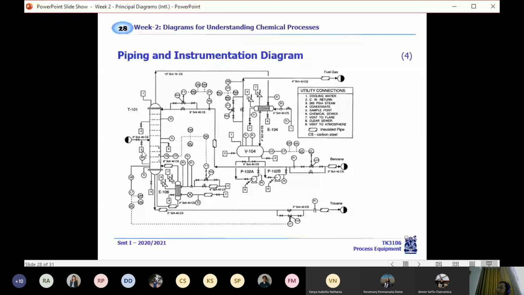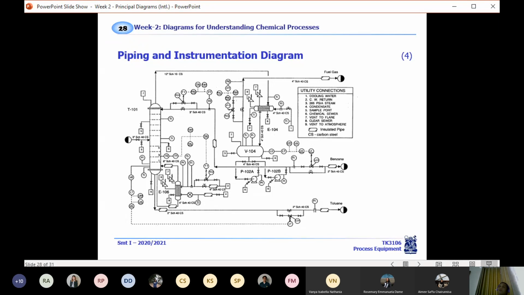So if you want to do the sampling, there will be a sample port located in the feed, before going to the column. How about the other position? Is there any sample point? Also, you can have the sample point in V104, because there is number 5, which we can sample.